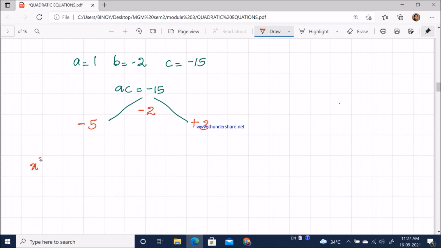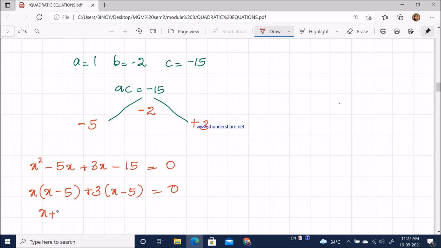So x square minus 5x, so we split the minus 2x as minus 5x plus 3x minus 15 equals 0. Now take x out. So x minus 5, then here we have 3 common, so we are taking 3 out, x minus 5. So we have x plus 3 and x minus 5 is equal to 0.